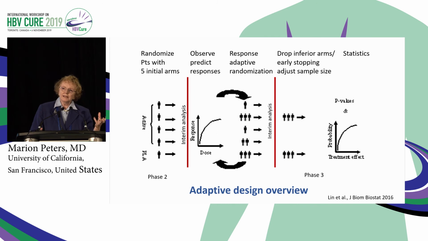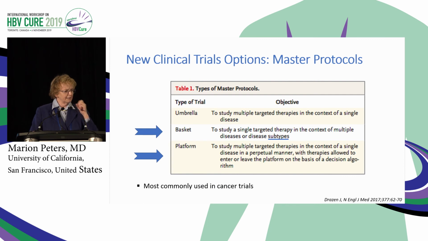If a drug doesn't work, you drop it. If there's toxicity, you drop it. And then you can expand the arms that look valuable to adjust the sample size all within one study and can move from phase 2 to phase 3. This is a very valuable technique that's much used at the present time in some of the studies presented today.